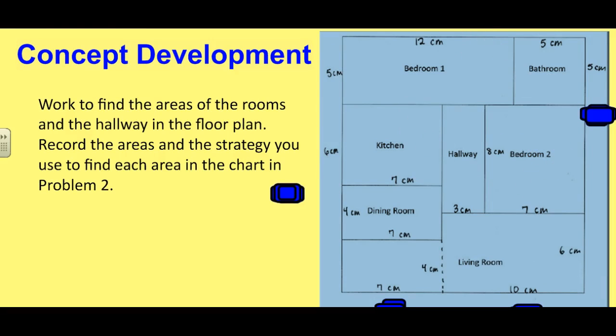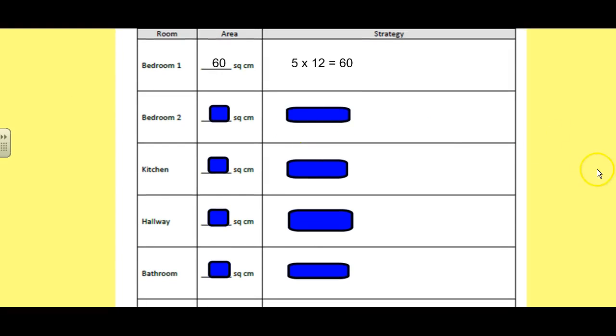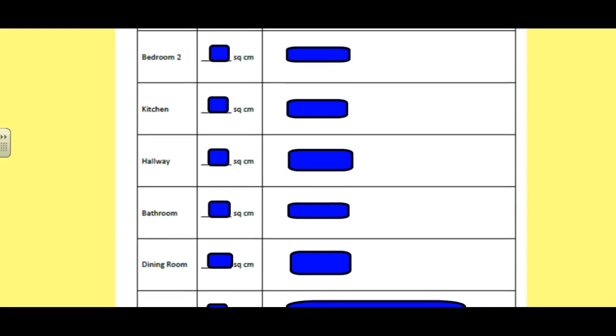And I'm going to go over here to the problem set, and we're going to go over the area for each room and the strategy or the equations that you use to help you find the area. For bedroom 2, the area was 56 square centimeters. The equation I was looking for was 8 times 7 or 7 times 8 is equal to 56.